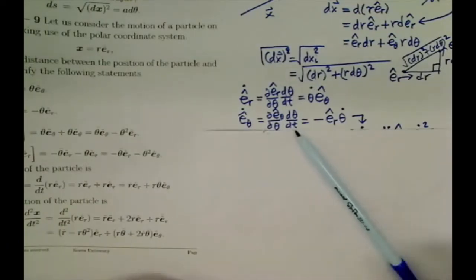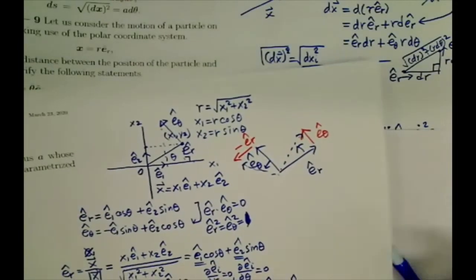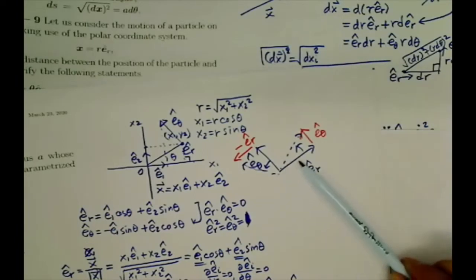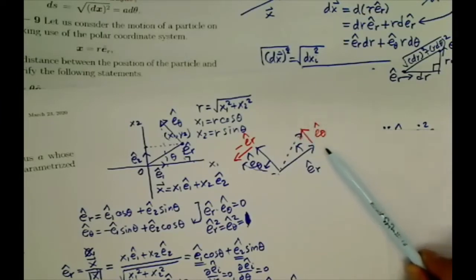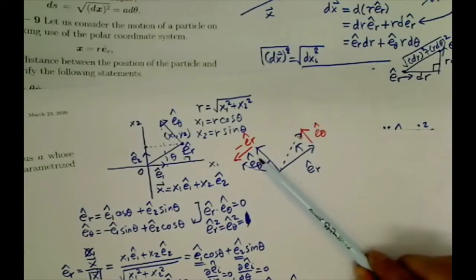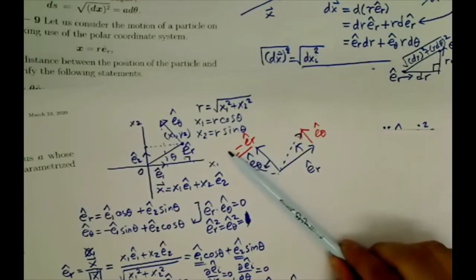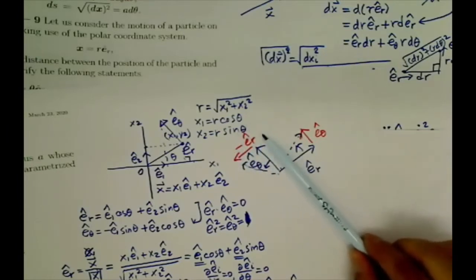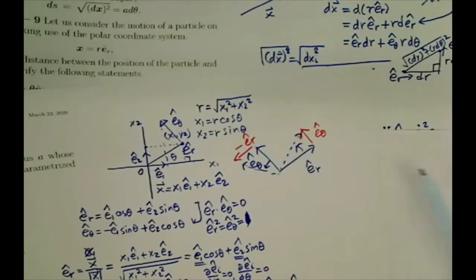We remember that in this figure, if I change the angle, e_r has a displacement along the direction of e_theta, and e_theta has a displacement along the direction opposite to the e_r hat, right?